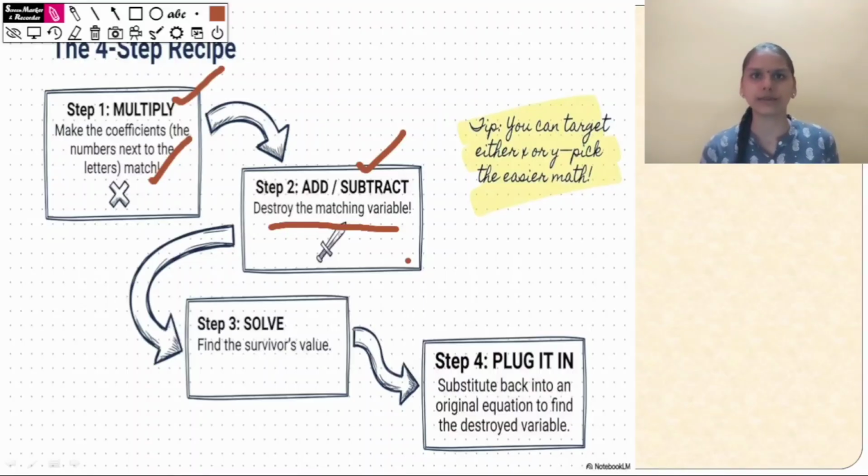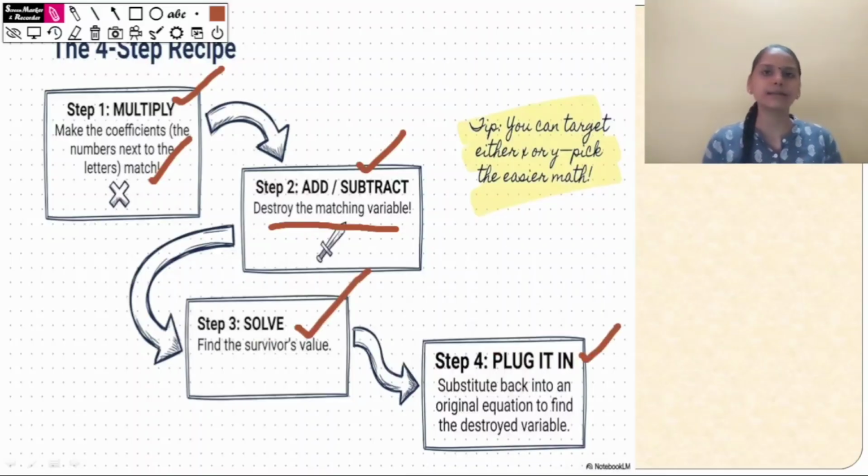Next, if you have 2x in one equation, you'll have 2x in the other also. In both equations you'll have 2x, so you're going to cancel both the 2x. Once you cancel both 2x, you'll be left with only y. If you have two same y, then you can cancel the two y's and keep only x, and you can easily solve it. Understanding? Then you're going to solve and plug it in.